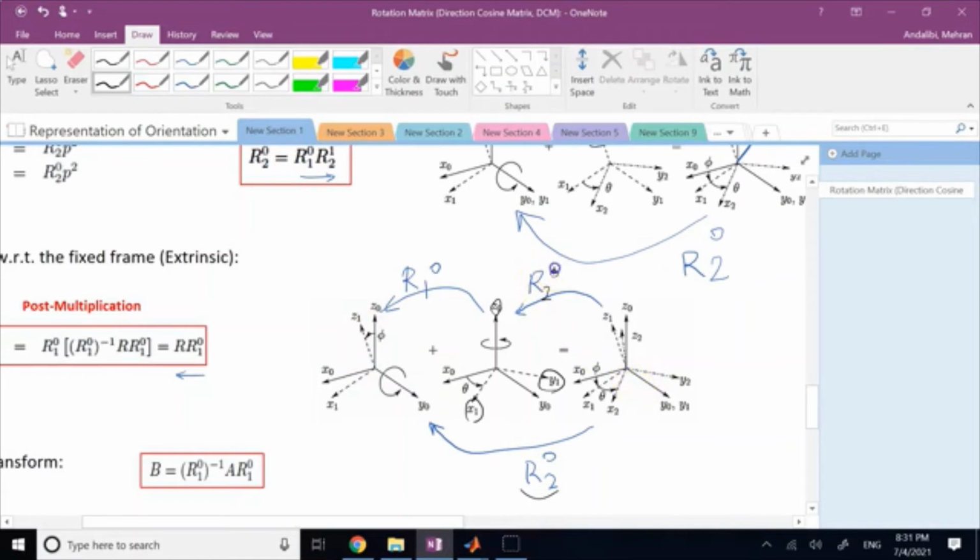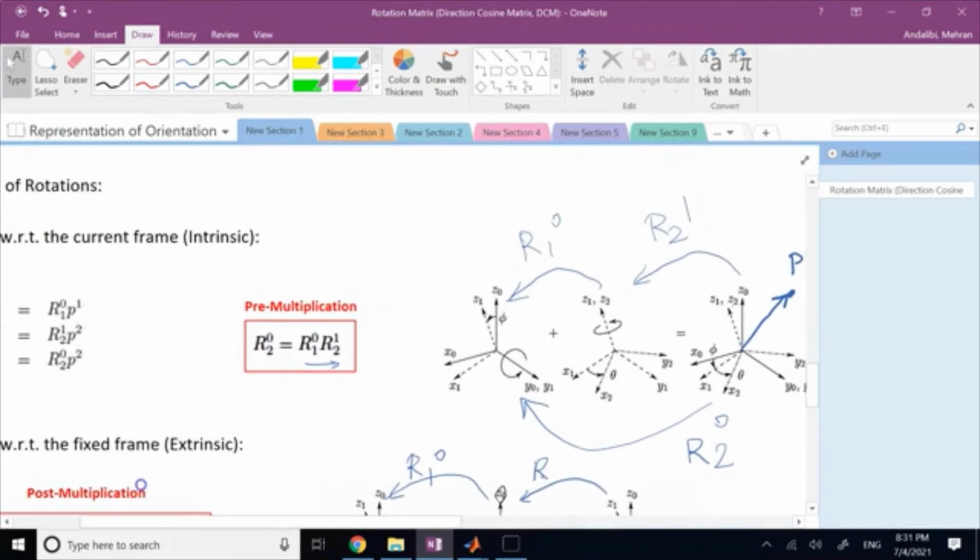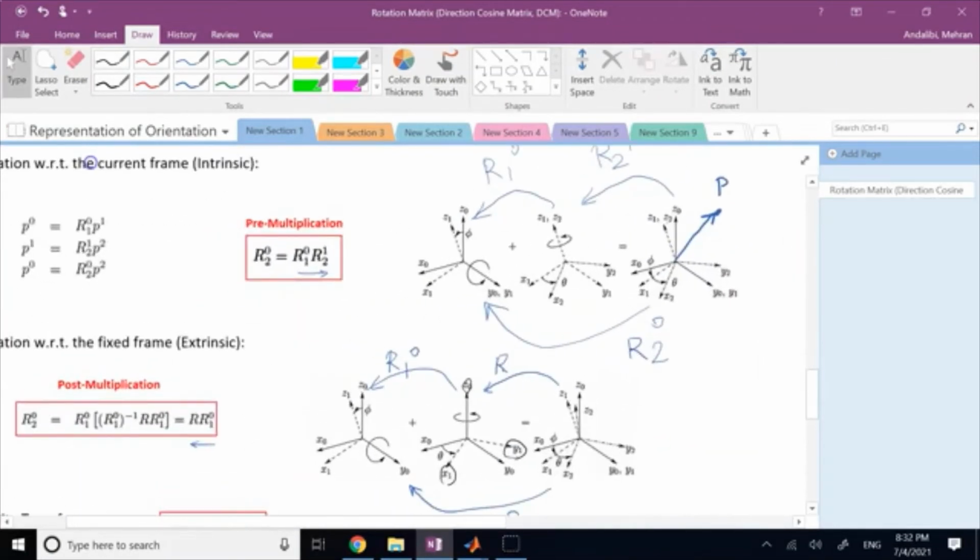And I cannot call it 2 to 1, because it means I rotate frame 1 about one of its axes, and it takes me to frame 2. Here, I have rotated the 3 axes of frame 1, but about one of the axes of frame 0, not one of its own axes. So not only can I not call this 2, 1, I cannot call it 2, 0, so I just call it R. Good?